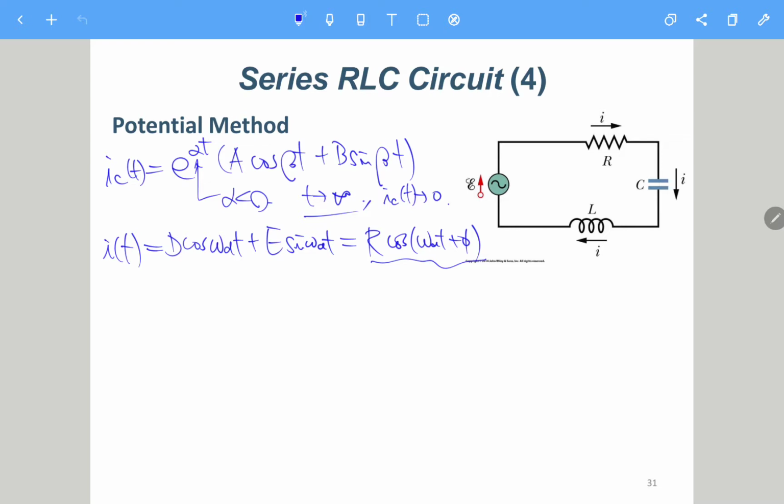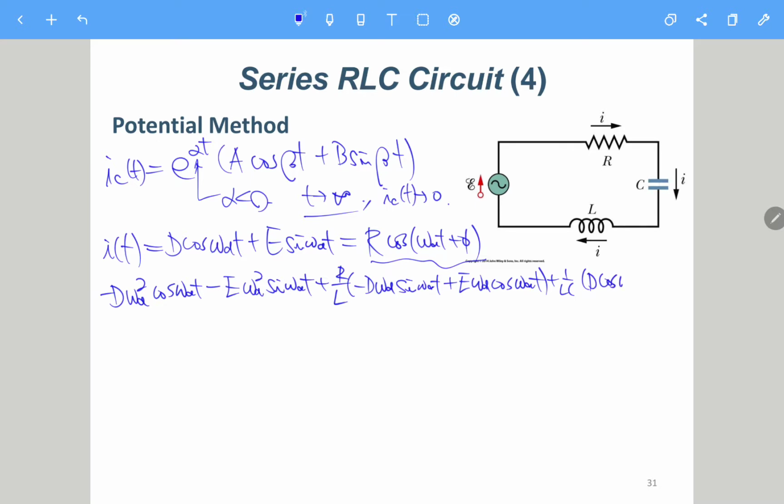So in this case we have a negative D omega d squared cosine omega dt minus E omega d squared sine omega dt, and then plus R over L times negative D omega d sine omega dt plus E omega d cosine omega dt, and then plus 1 over LC times D cosine omega dt plus E sine omega dt.